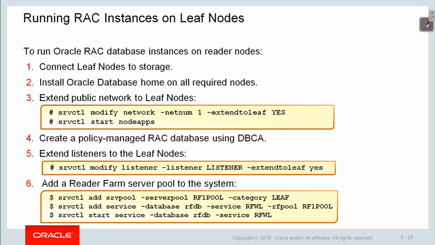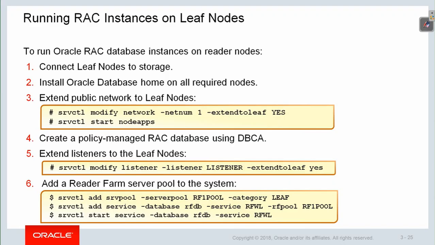To run Oracle RAC database instances on reader nodes, you need to connect leaf nodes to storage. When you create a Flex cluster, making the underlying shared storage visible to leaf nodes wasn't mandatory.